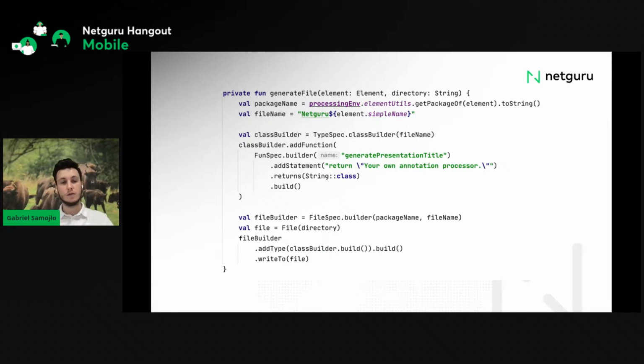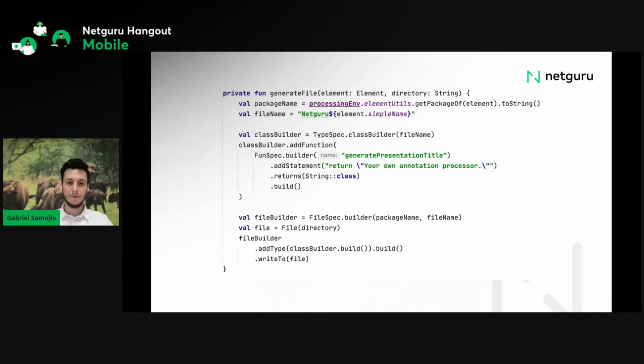Kotlin Poet supports constructors, supports methods with parameters, getters, setters, fields, companion objects, and many different things. Even you can write your own annotation to that file. So it's really powerful. There are many things that are possible, but they are a bit more complicated than the stuff I've done here.